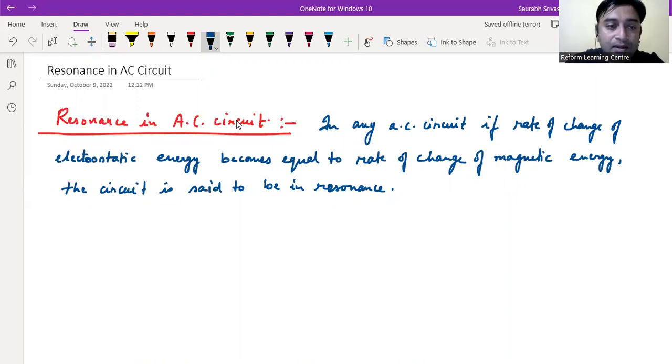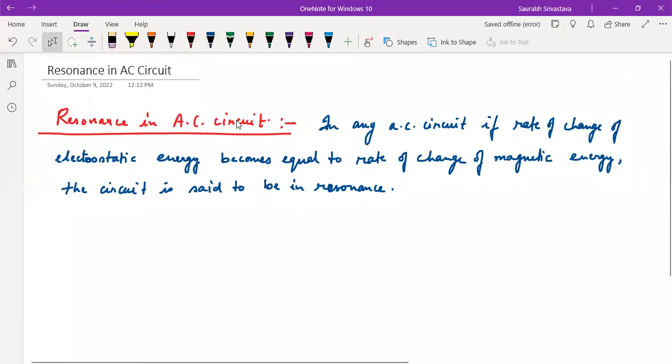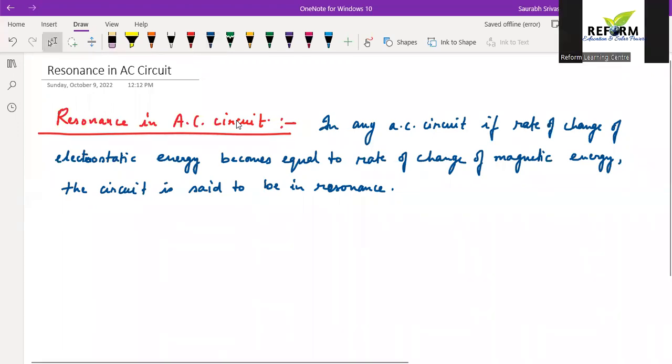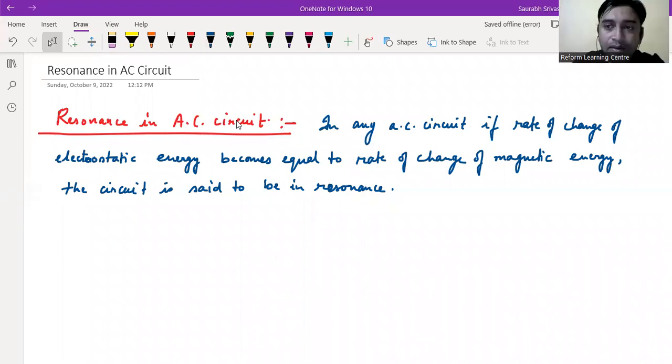Therefore, this electrostatic energy is converted into magnetic energy and magnetic energy is converted into electrostatic energy. When the rate of conversion of both energies are same, the circuit is said to be in resonance.